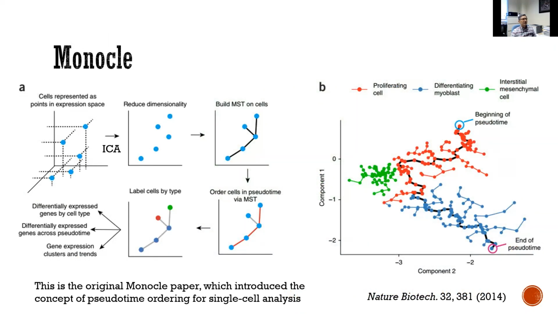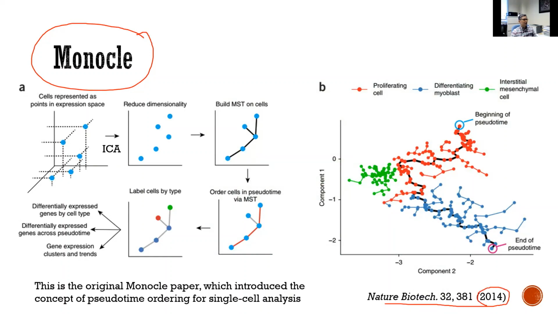You can use KNN, you can use a minimum spanning tree to look for the trajectory. In the next couple of slides, I'm going to mention some of the most commonly used tools for trajectory or pseudotime analysis. The earliest one was published in Nature Biotechnology in 2014.